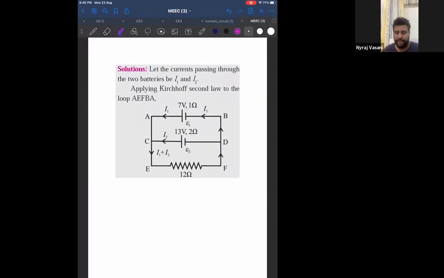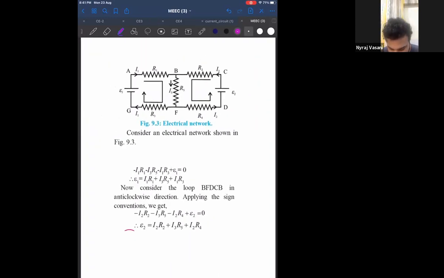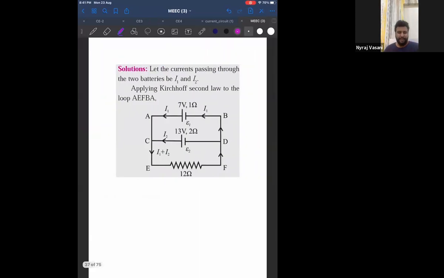I will explain KVL not in the form of a general circuit, but in the form of an actual problem so that you understand it better. Now let me look at the general circuit, how they have given. They have not given it properly. So I will dictate something and then I will tell you.